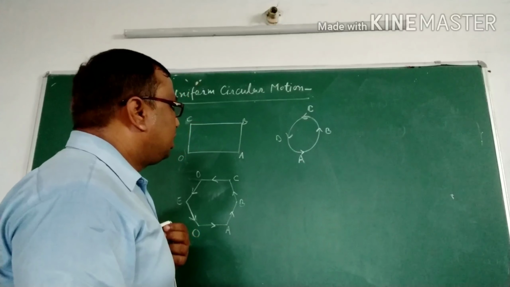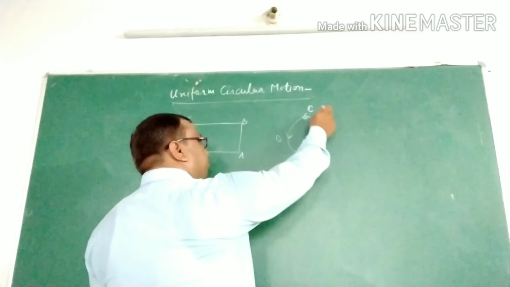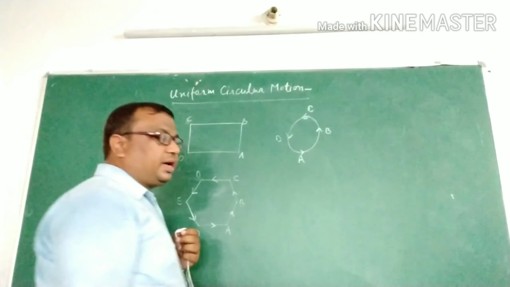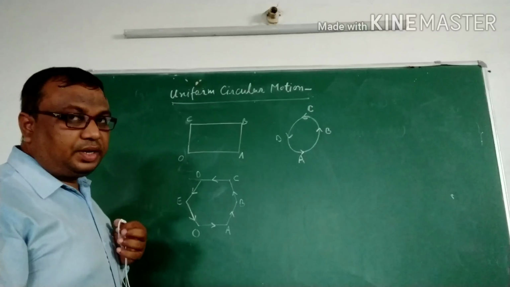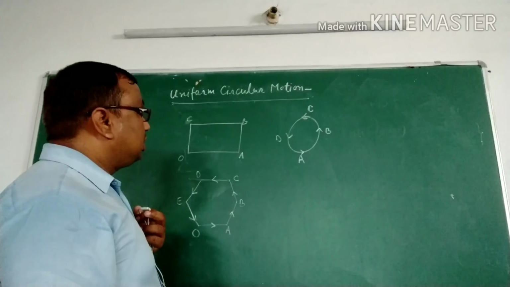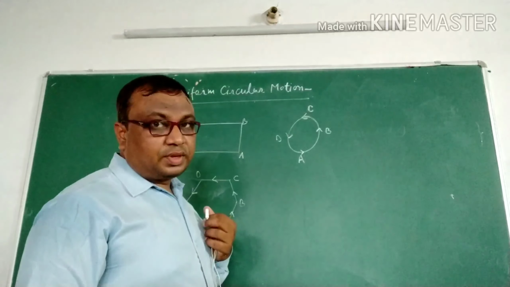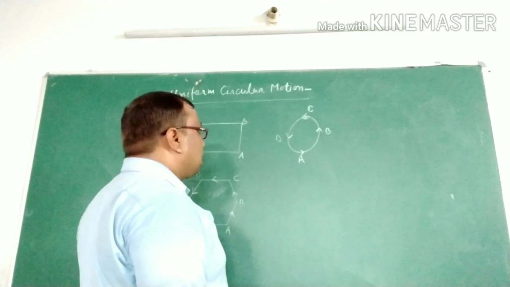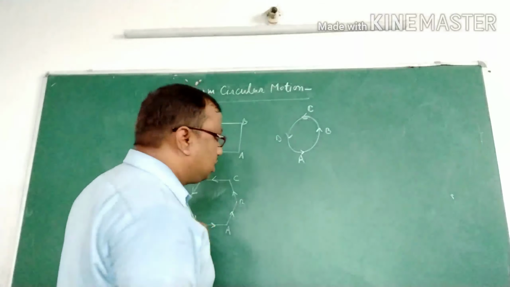Now, if an object starts moving and follows A, B, C, D and back to A, then it is in uniform circular motion. In uniform circular motion, its speed is constant but direction changes. Clear?